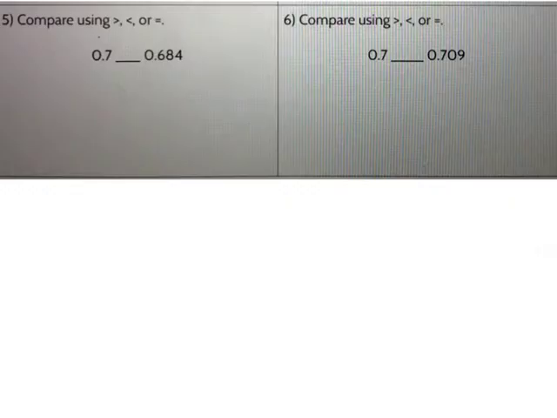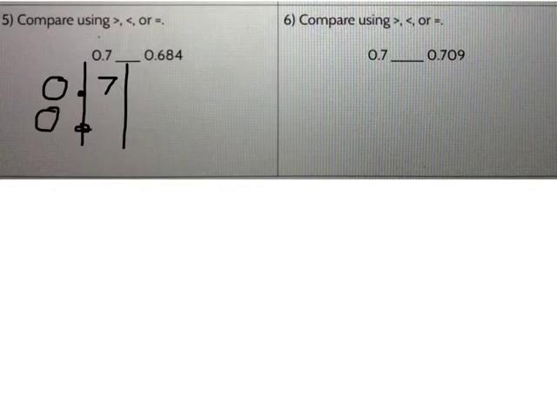Let's answer one last do now question. Compare using greater than, less than, or equal to. What's the first step to comparing decimals? The first step is to line the decimals up in a place value chart. So let's do that. Go ahead and draw on your paper as I draw on screen. We're going to line up our 7 tenths with 684 thousandths.